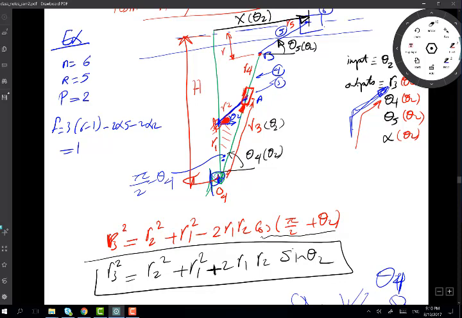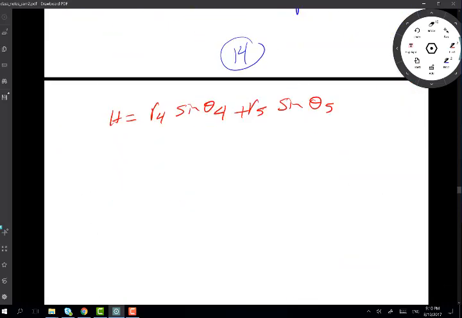So this is R5 sine theta 5, and this distance here to the bottom end is R4 sine theta 4, right? This gives you an expression for theta 5.